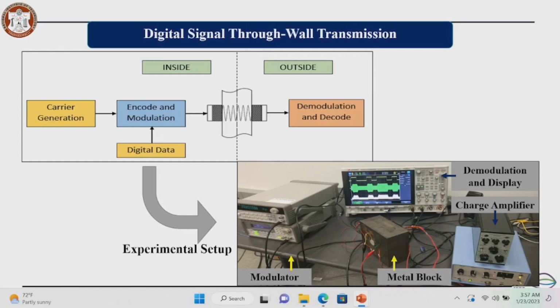The next thing we went through was the digital signal. We took the DHT11 signal and did it with the digital DHT11 signal also. A simple thing: the carrier generation was there, then the modulation, and we put the digital data over it and transferred it.